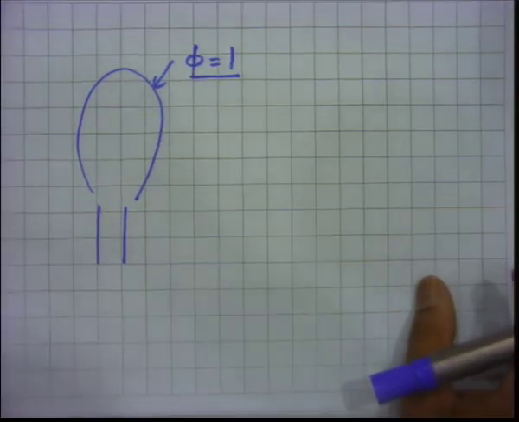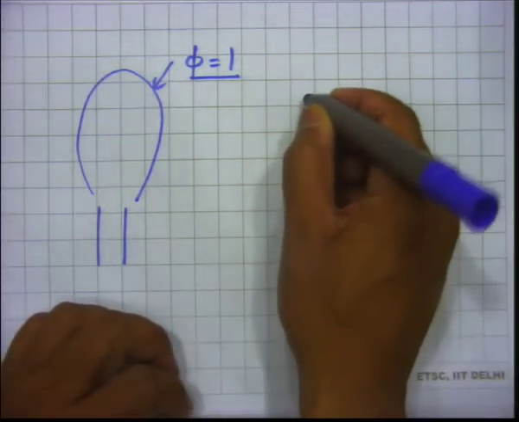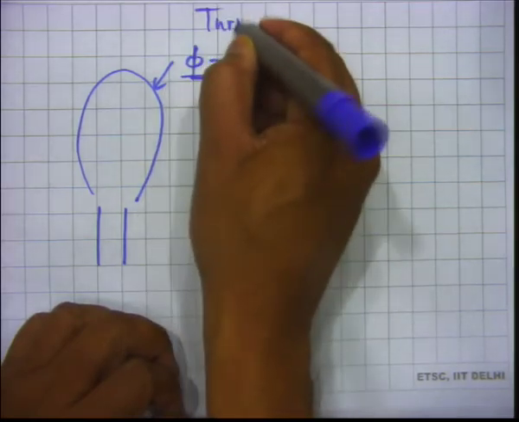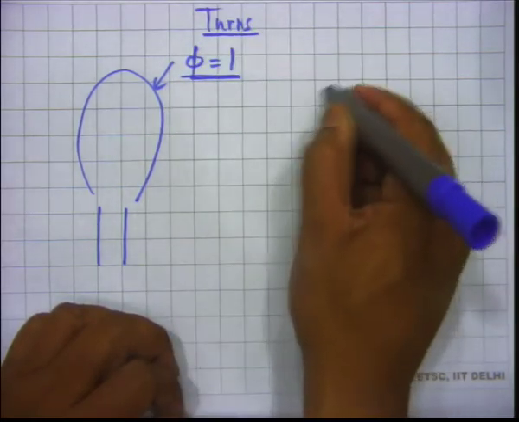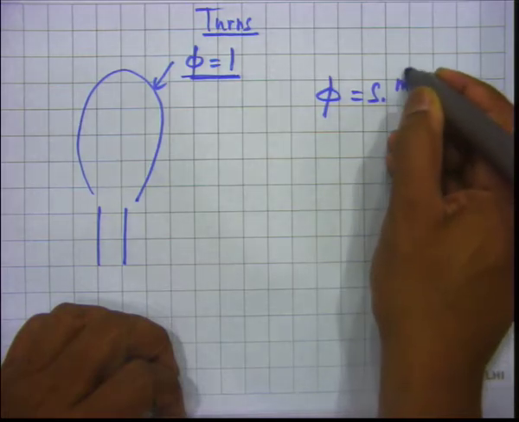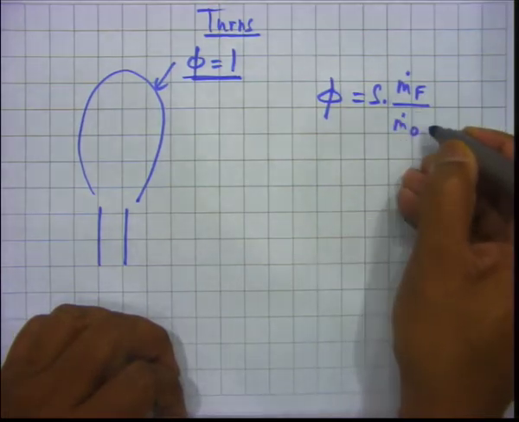So, this is Turns. What he meant is phi is equal to s times m dot f by m dot o.